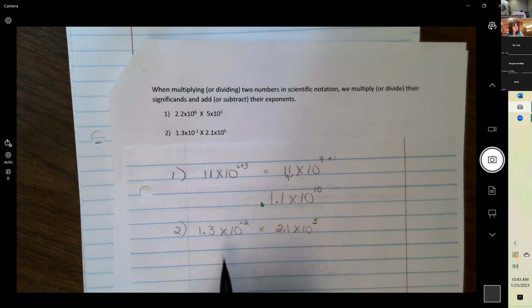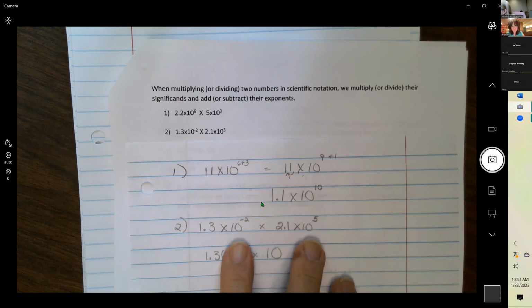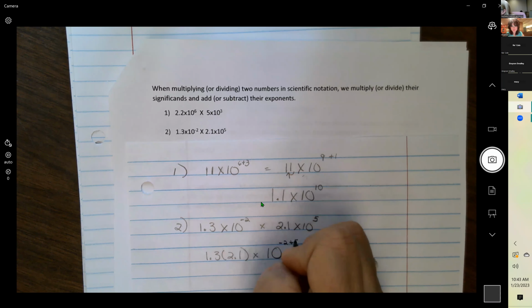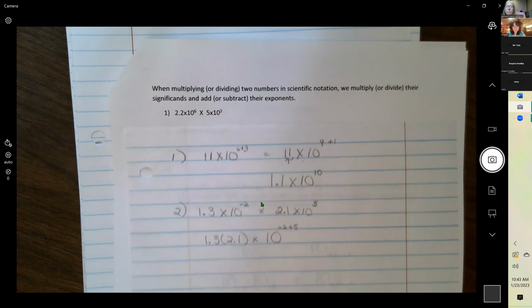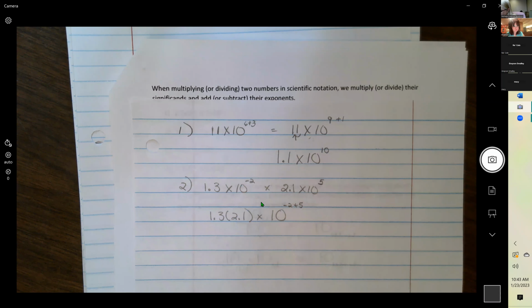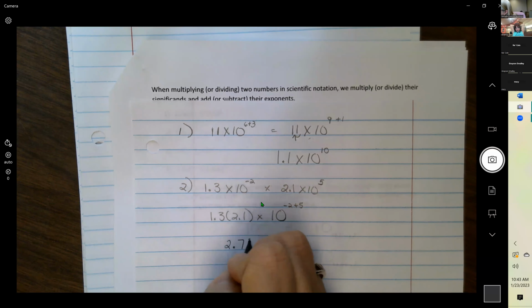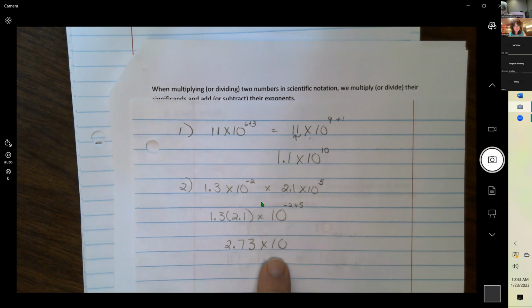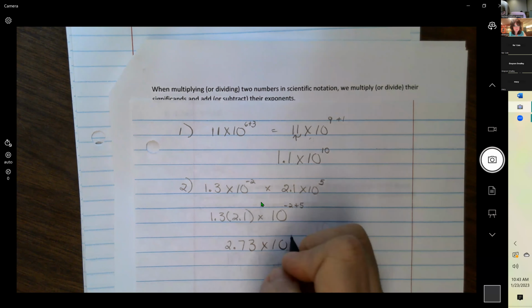So again, you want to take 1.3 times 2.1. And then these are the same base, so we add the exponents, -2 plus 5. Now when we multiply these two, we get 2.73 times 10 to the +3.